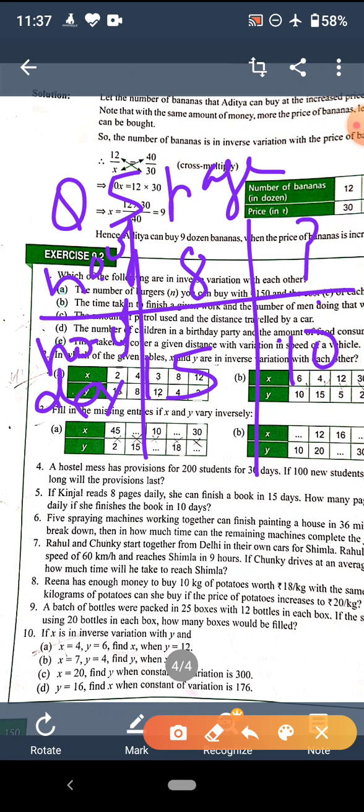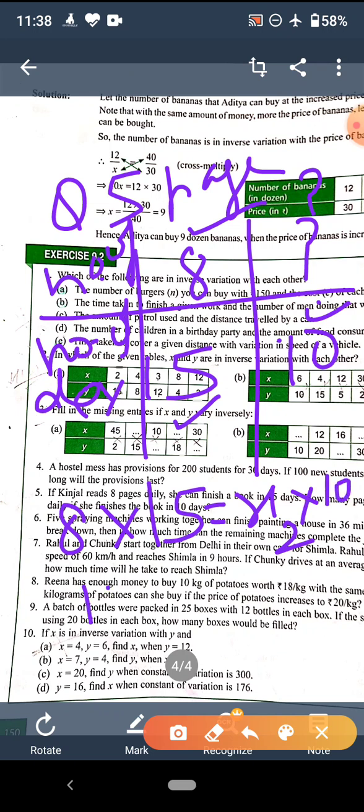If she wants to finish the book in 10 days, definitely she has to study more pages every day. So x1 y1 x2 y2, 8 into 15 is 120, x2 into 10, so from here x2 is 12. So within 12 days she can finish the book.